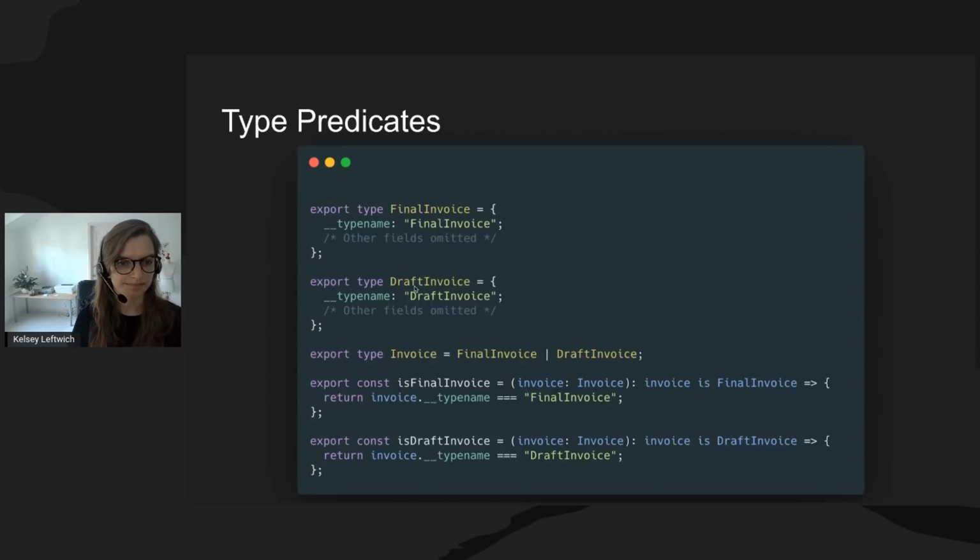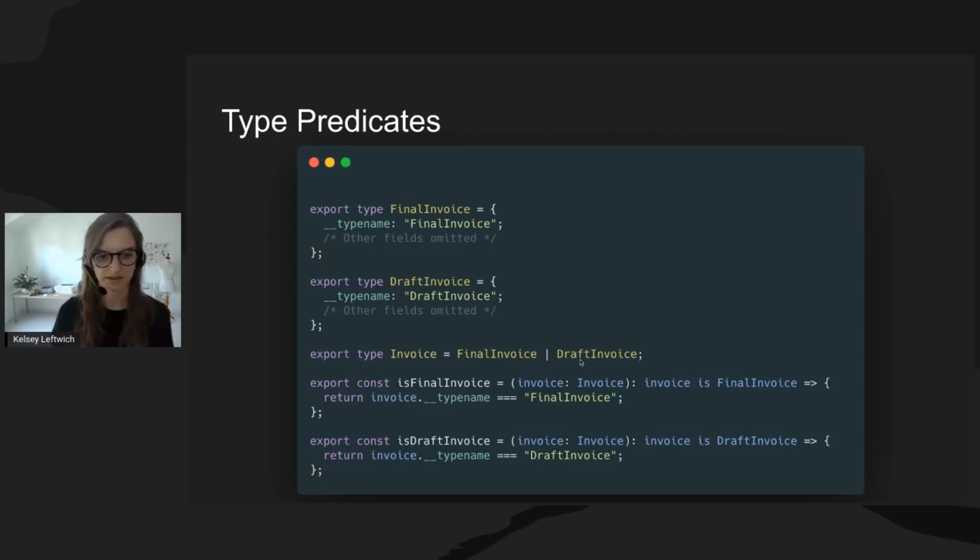So it's a final invoice, draft invoice, and there would be some other fields here. But here what we do is we say we have an invoice, which is a union type, so it can either be final invoice or draft invoice, because there will be places where for those two types, it may not matter which of them it is.